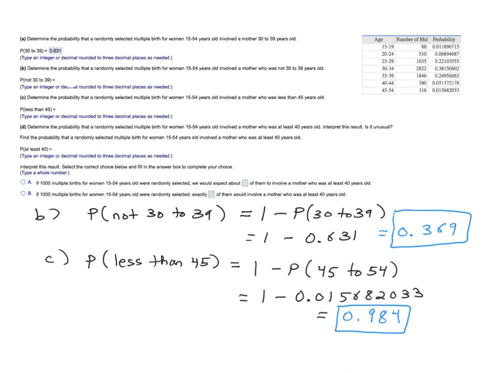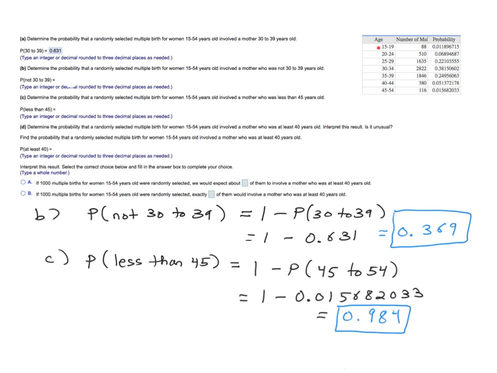Okay, finally, let's look at part D. This one says determine the probability of being at least 40. And then we're asked if this result is going to be unusual. Being at least 40 means you're 40 and above.